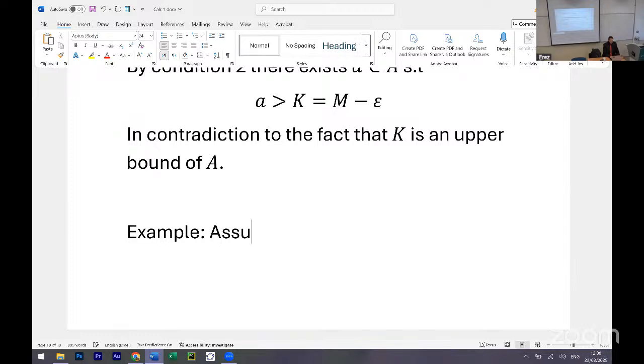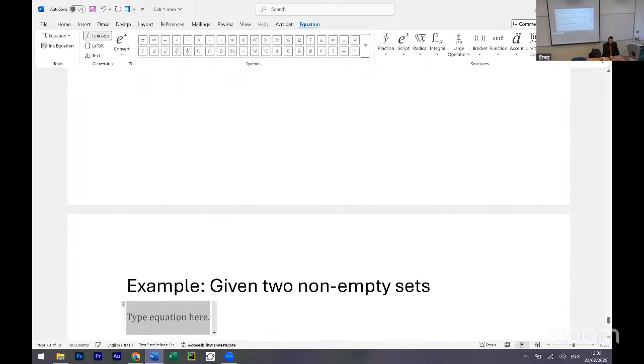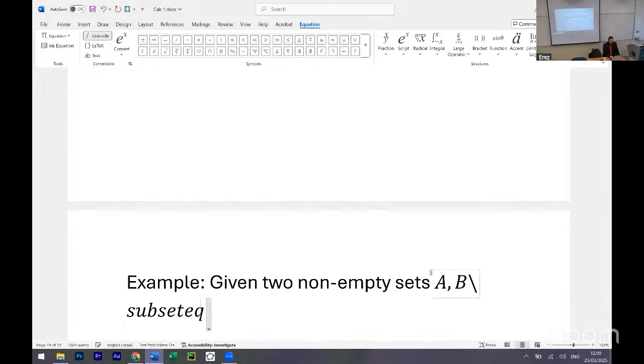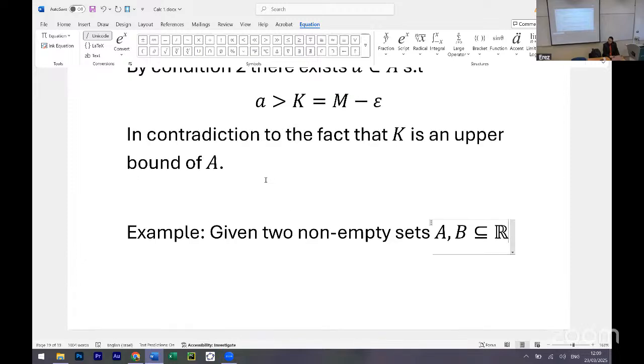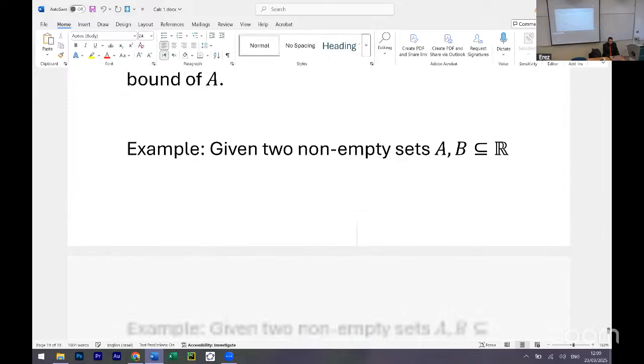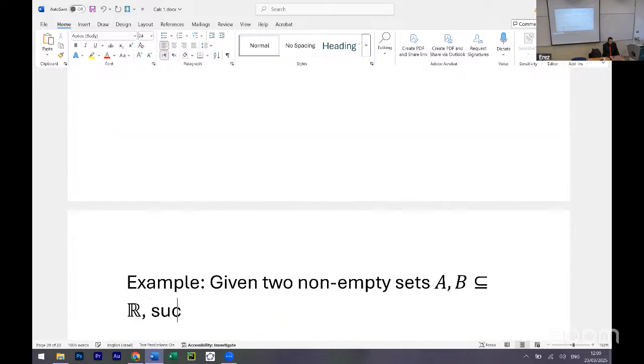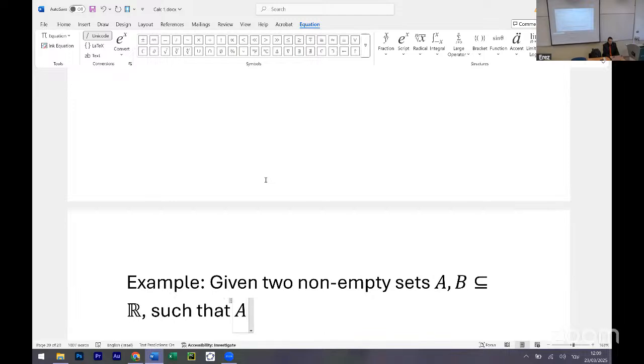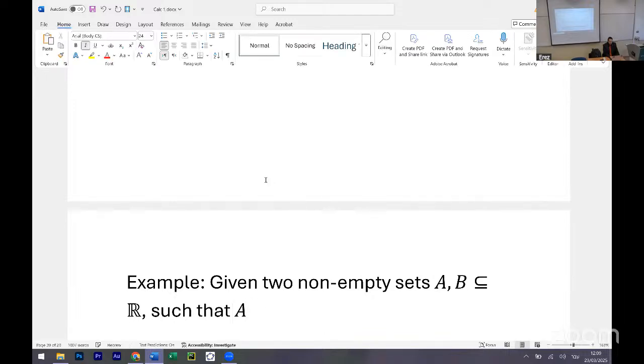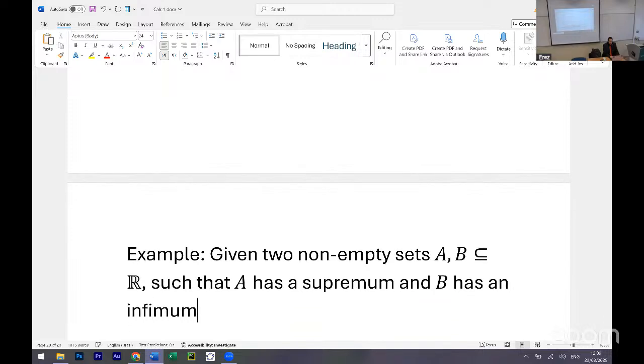So assume, or given, two non-empty sets, A and B, of real numbers, such that A has a supremum and B has an infimum.